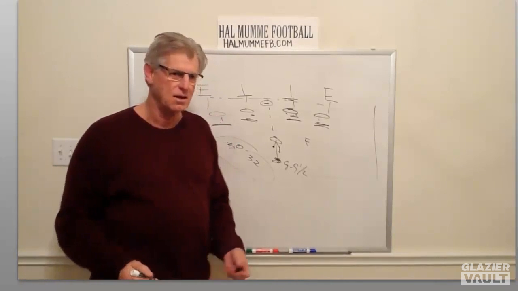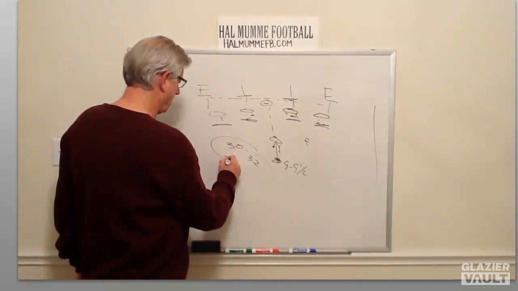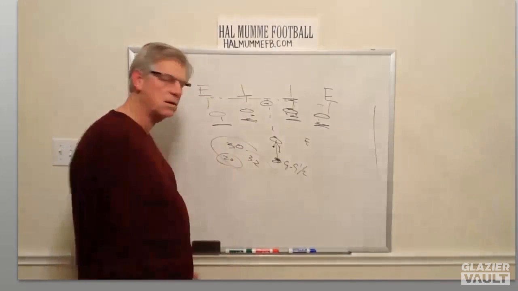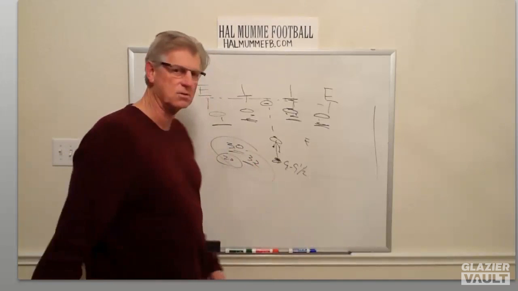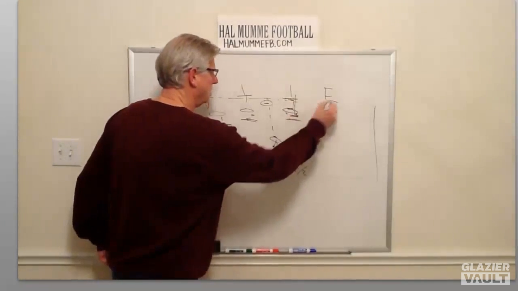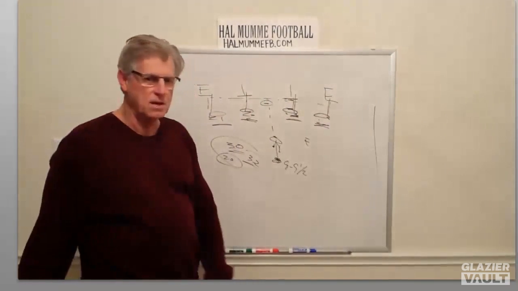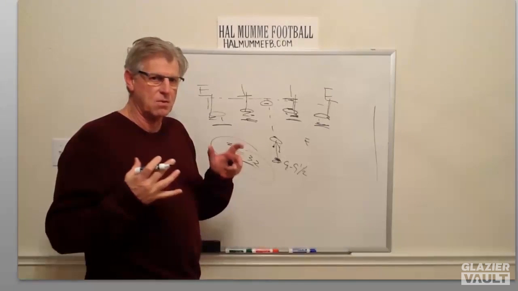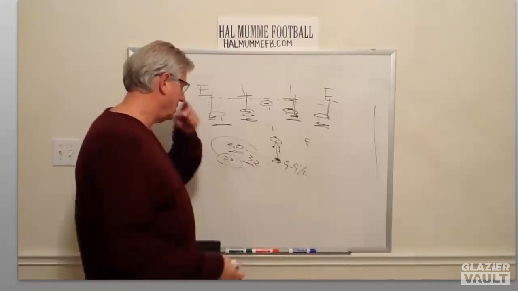You have to actually block somebody. So at that point, we've probably covered about 2 seconds just by our alignment, our drop. Now we got to win the battle for about a second to a second and a half, theoretically. And they get into us here. You got to win that battle. So that's the way the air raid would vertically set and the way we would take people on.